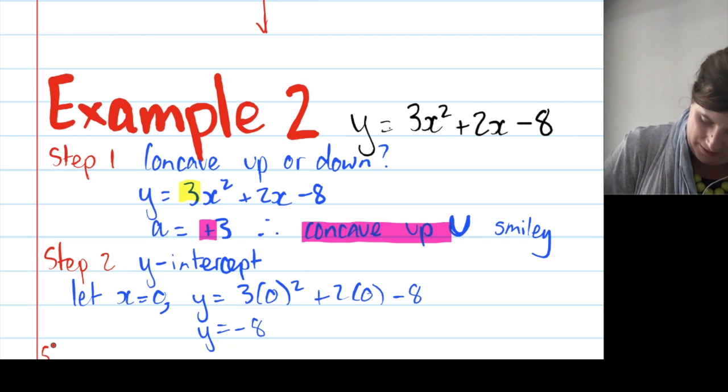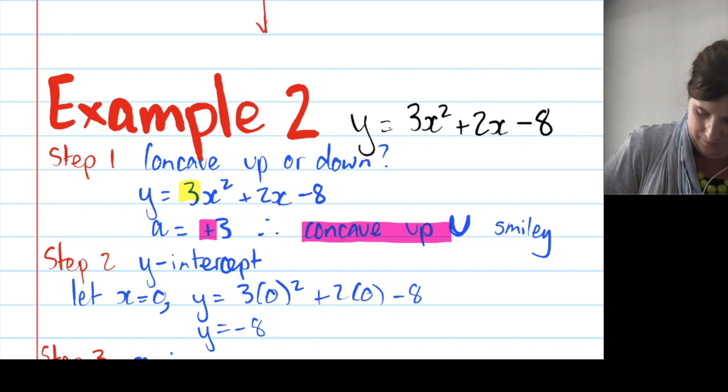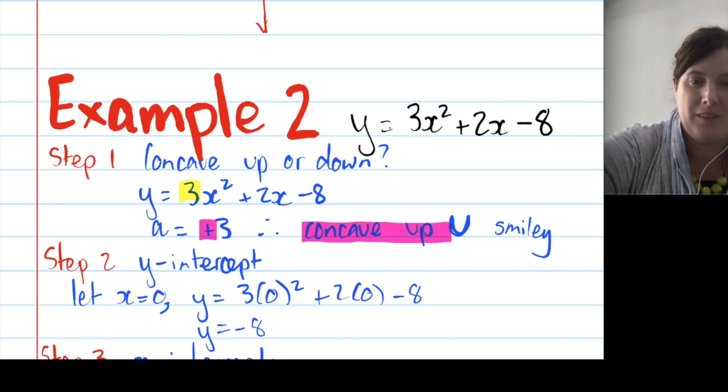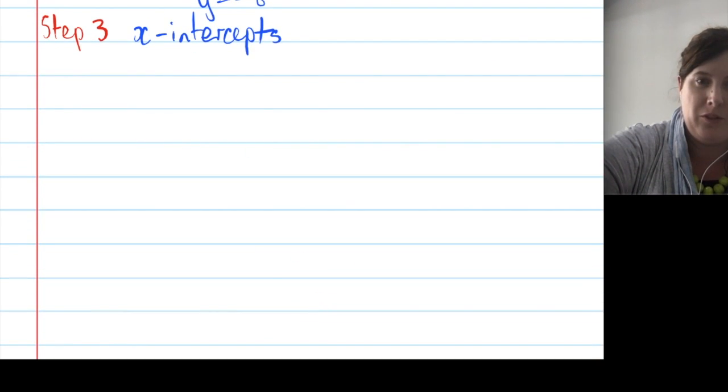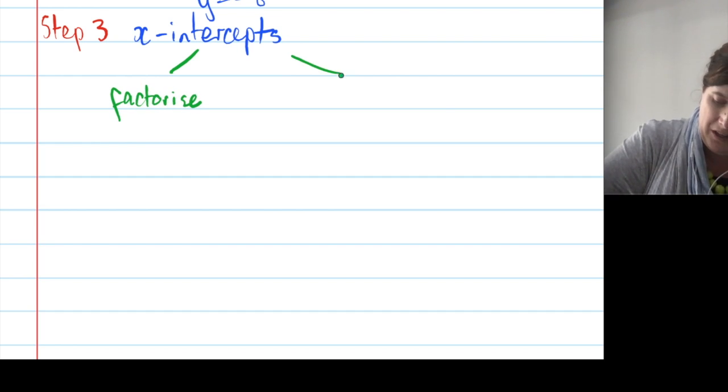Step 3, finding the X-intercepts. This is the most complicated bit. We can do it two ways. We can factorize, or we can use the quadratic formula.